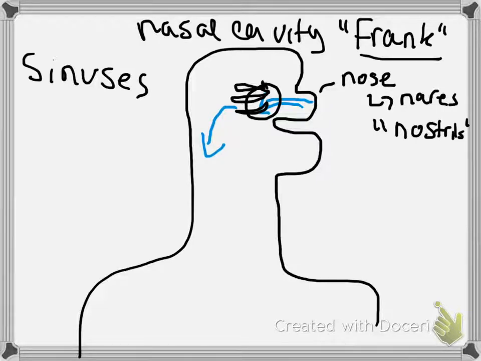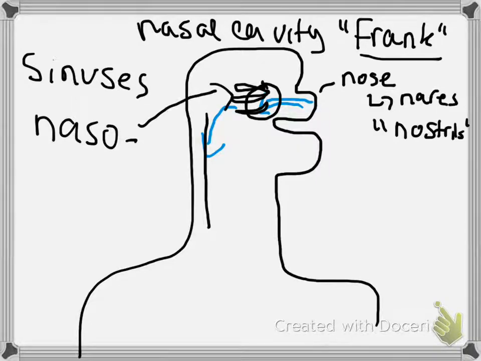And the pharynx is in the back of the throat, and we have three types of pharynxes. We have the naso, which resides just behind the nasal cavity. We have the oropharynx, which resides closer to the oral cavity.